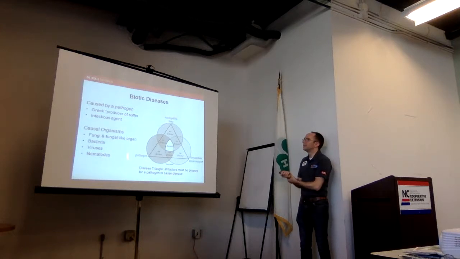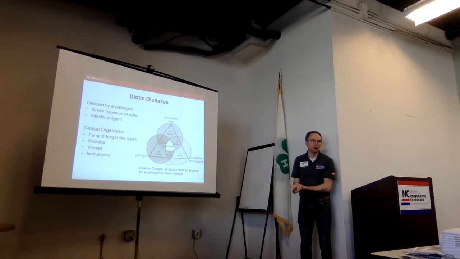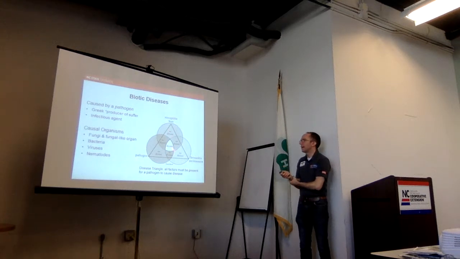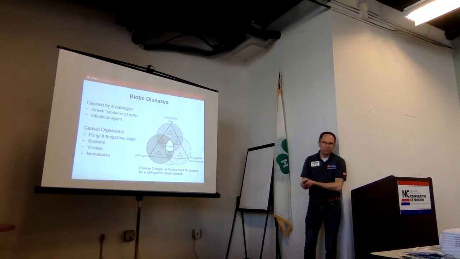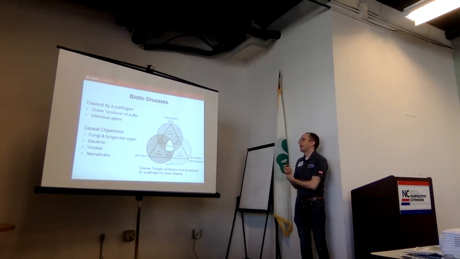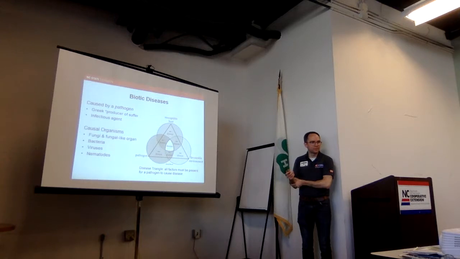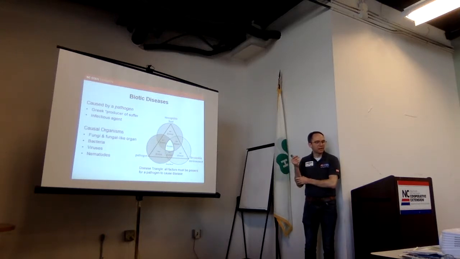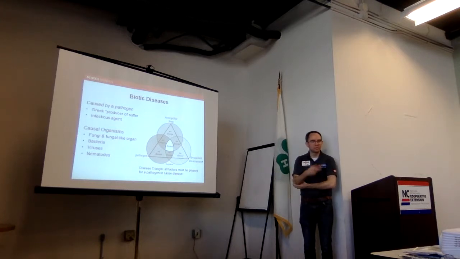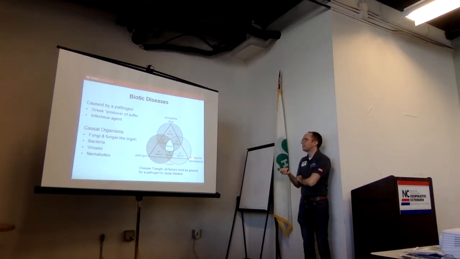So you need all three of these components in order for a disease to occur. You need to have a pathogen present. If there's no pathogen present, there'll be no infectious disease. You need to have the pathogen on a host that is susceptible to that pathogen. Some plants are resistant to other diseases, others are not. And then it has to be in the right condition to cause infection.